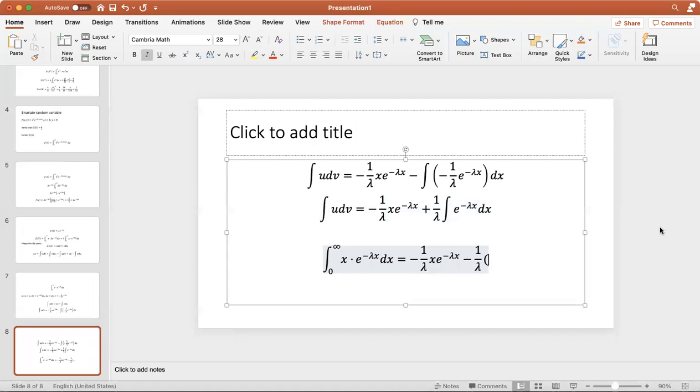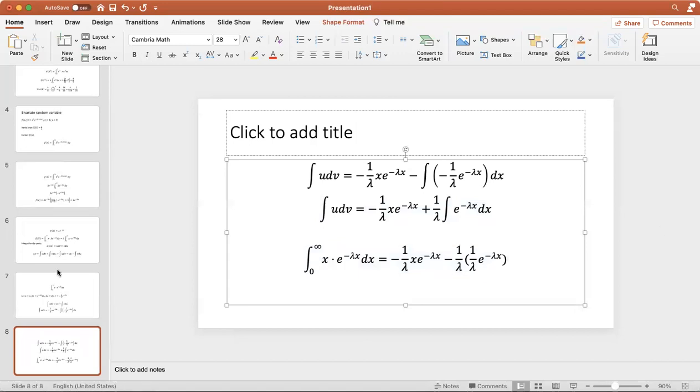So this just becomes 1 over lambda e raised to negative lambda x.